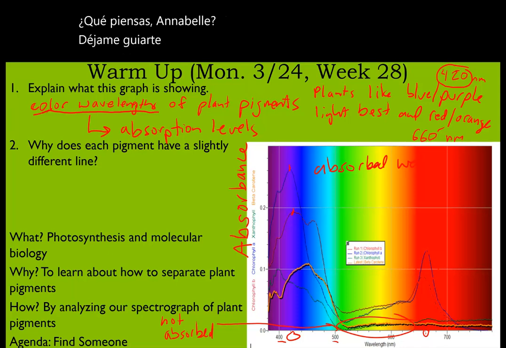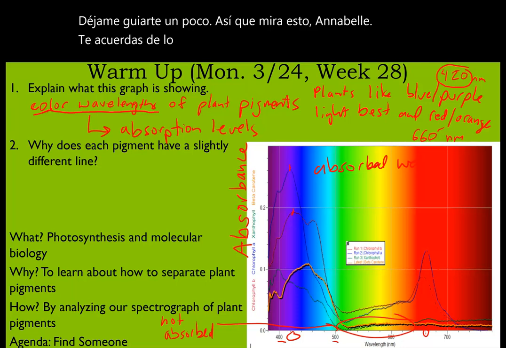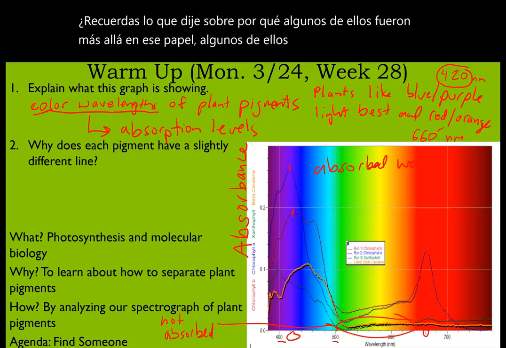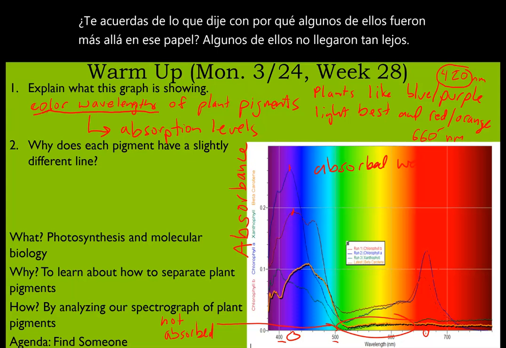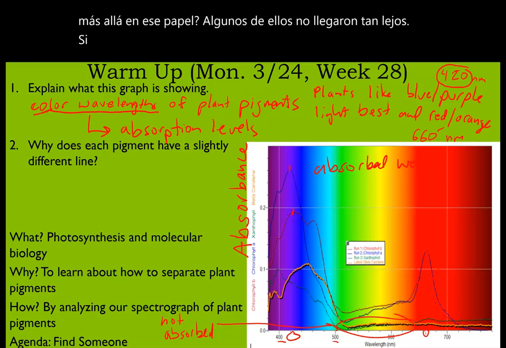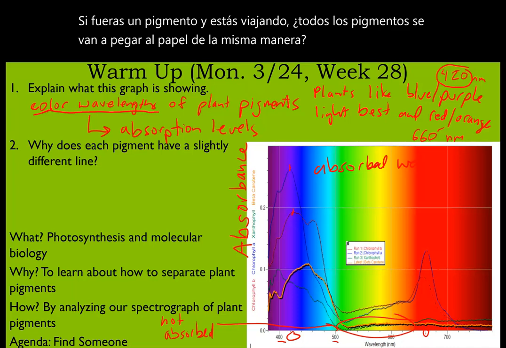So check this out, Annabelle. Do you remember what I said about why some of them went further on that paper, and some of them didn't go as far? If you were a pigment and you're traveling along, are all the pigments going to stick to the paper the same way, do you think? No, they're all different chemicals, right?